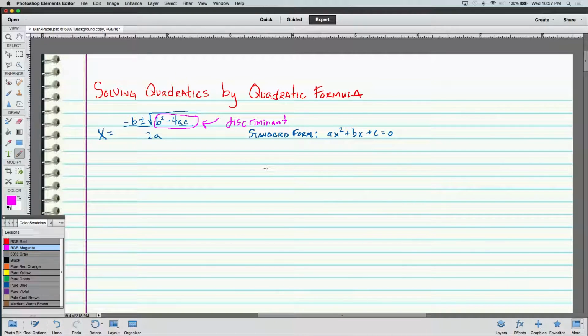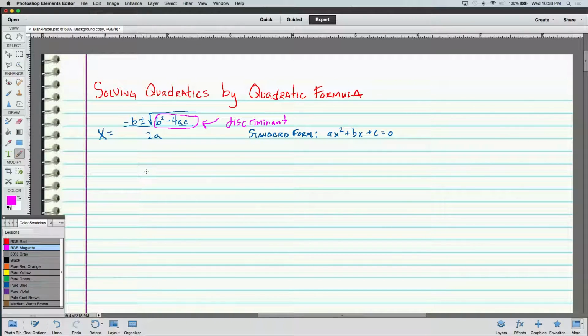Sometimes we're going to use it to determine how many roots we have, or even if we can have real solutions or not. You're not necessarily required to find out what the discriminant actually is, but it'll give you a better idea of what you're looking for.